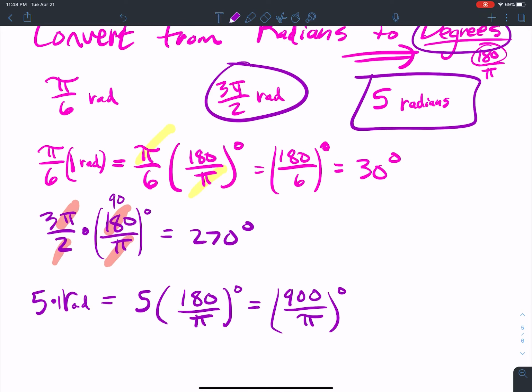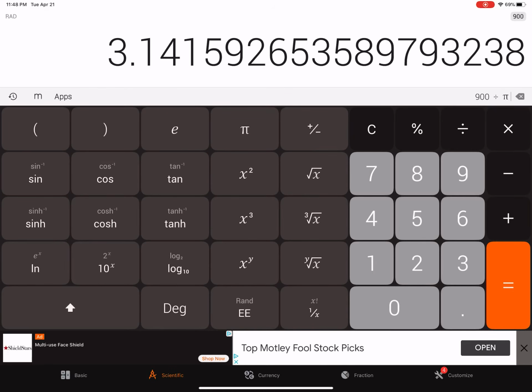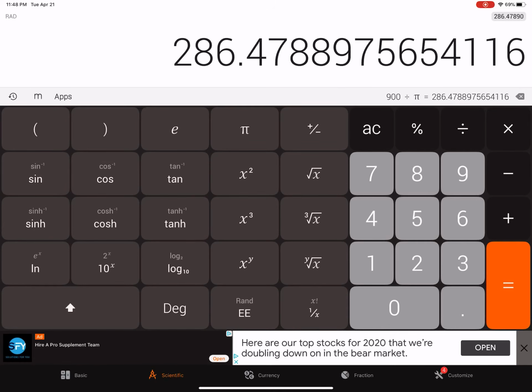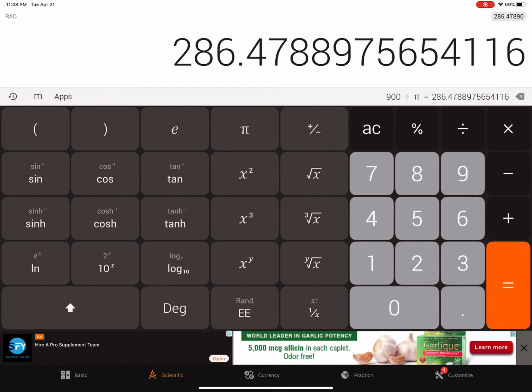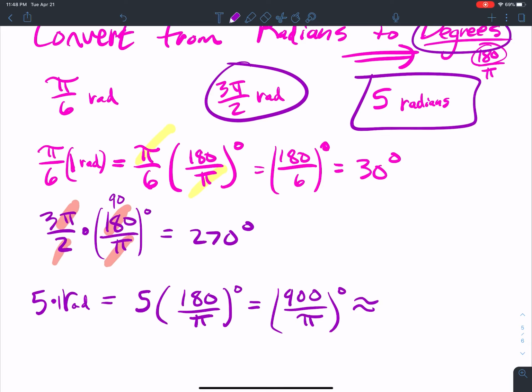Now, I would be perfectly fine if you left it like this, but we can multiply that out because that's a little weird to look at. But 900 divided by pi, do I have a pi button? Yeah, okay. So divide that, I get 286.4788. So if I rounded to 2 decimal places, that'd be 286.48 degrees. Okay? All right.